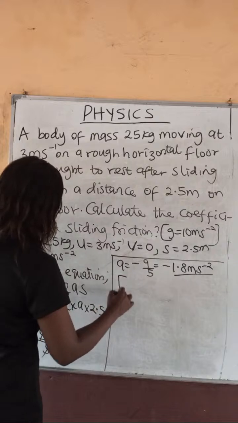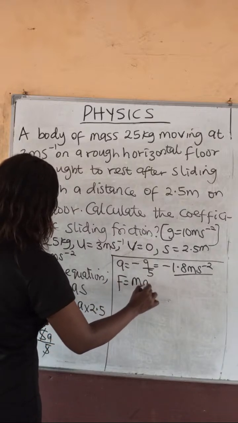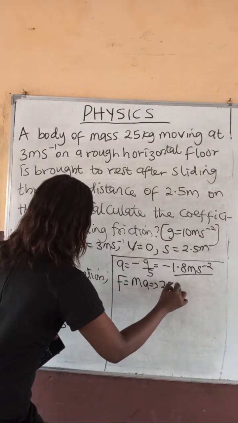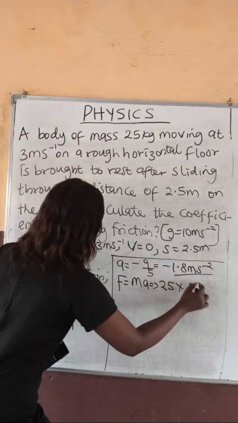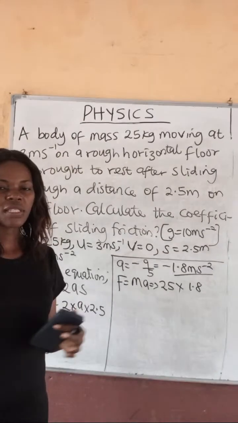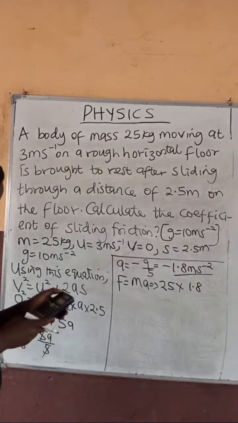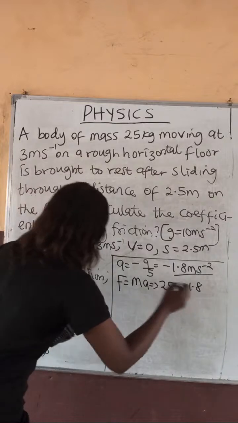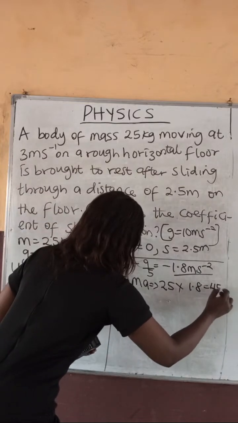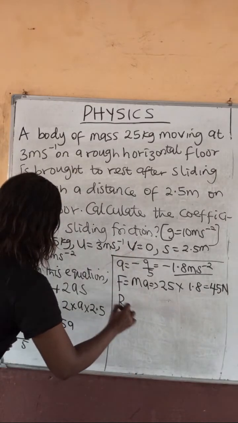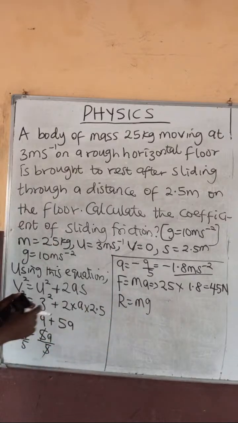We are using the linear acceleration. For us to get the frictional force, F is equal to ma. What is my m? 25. 25 times my a, 1.8. Remember, I'm not using the negative sign, but I just have to state that it is deceleration. So I multiply 25 times 1.8, and I have 45 Newton. My reaction force is equal to mg.